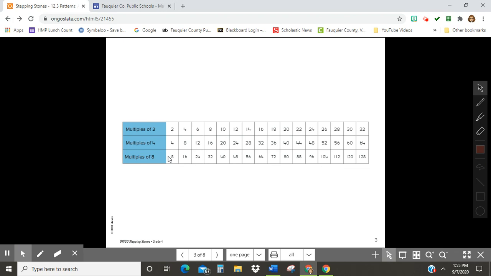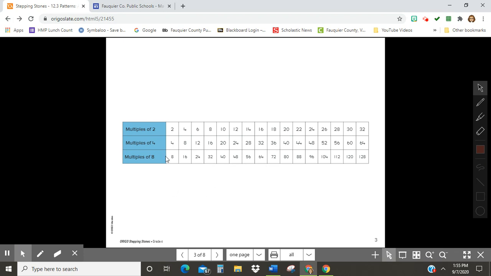I can think of one. All of these multiples can be divided into twos, I think. I can do 2, 4, 6, 8. The number 2 can go into 4, and the number 2 can go into the number 8.